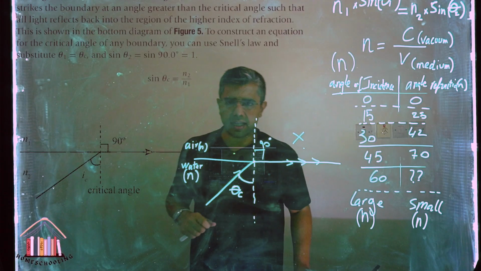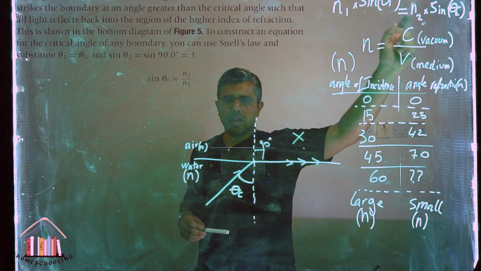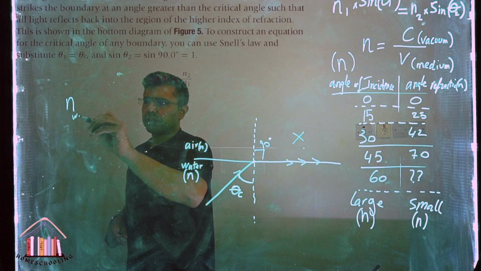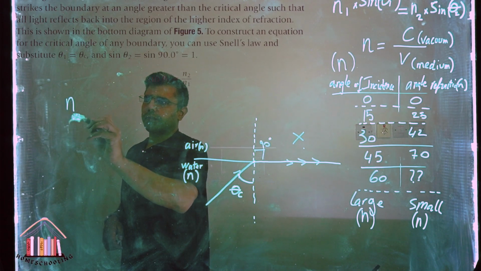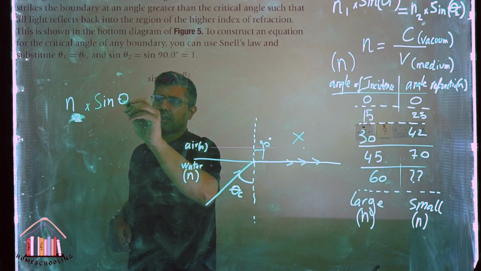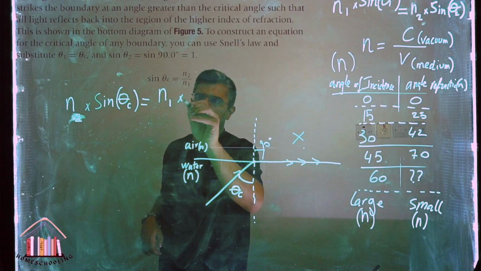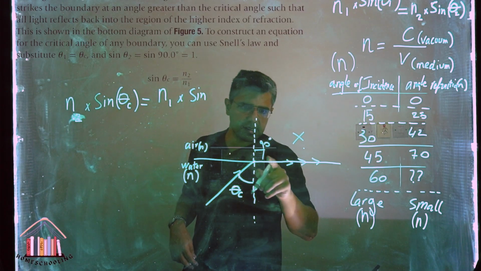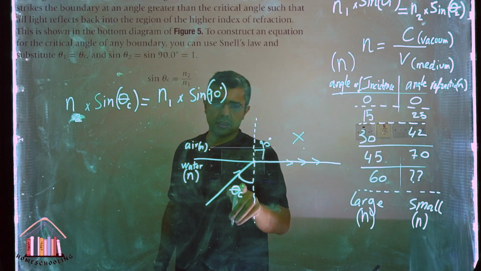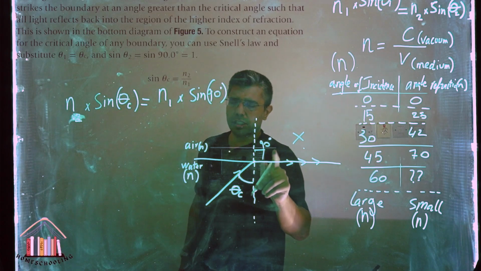In this case of the critical angle, n of the water, let's call it n2, because it's the other medium, multiplied by sine of the critical angle theta c, equals n of the air, which is n1, multiplied by sine of the angle, which in this case is 90 degrees.